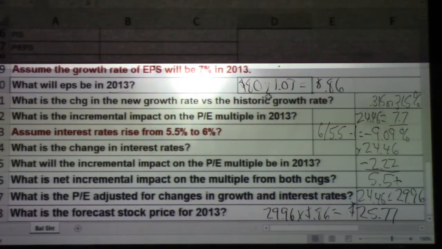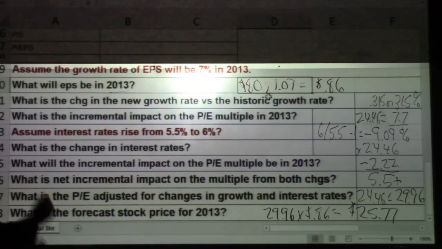I hope that this has been helpful to you. I hope this will help you prepare for the exam. I hope it clarifies for you how we go about in business deriving a value for a stock or for a business using the multiple approach.